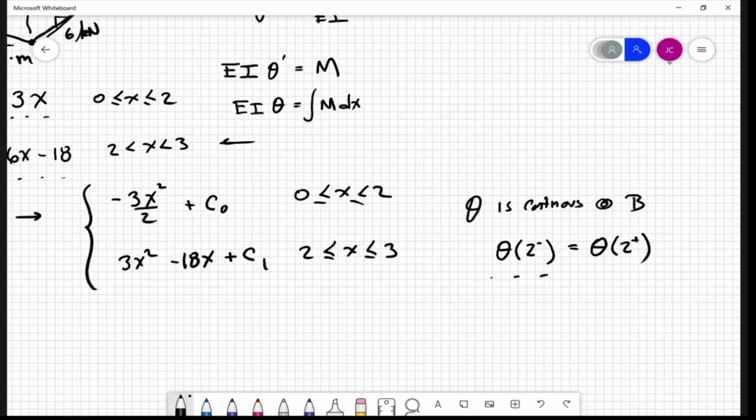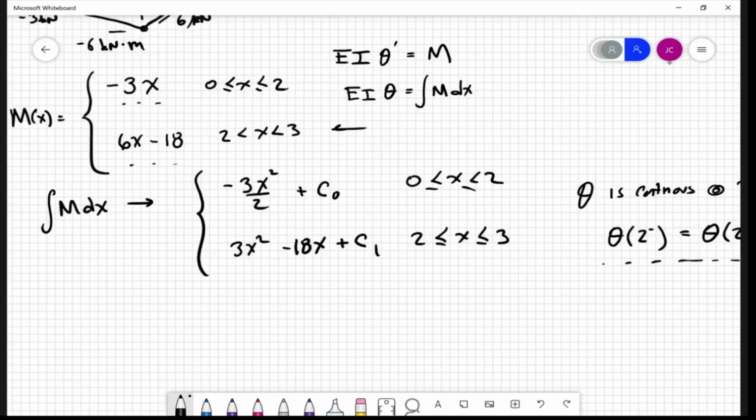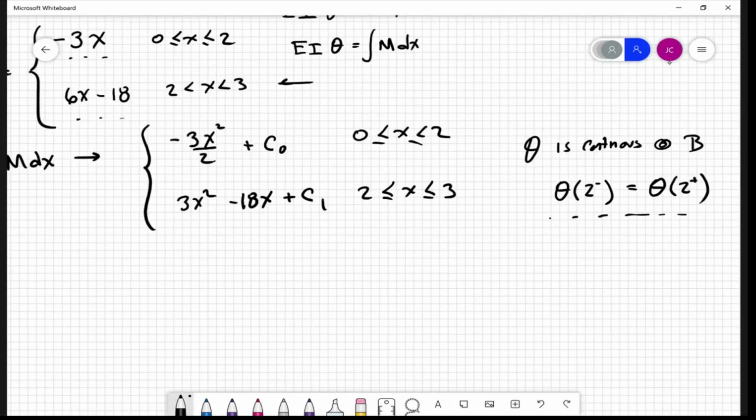So this is a continuity condition, and that's going to give us the relationship between these two integration constants. So in fact, when we do one integration, we really just get one integration constant. Okay, so let's do that.